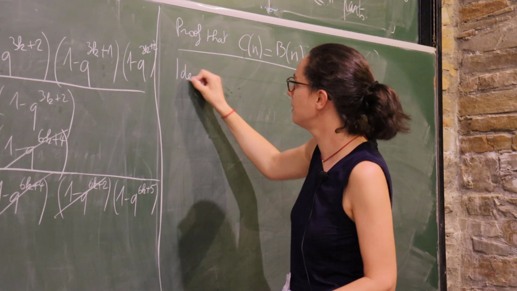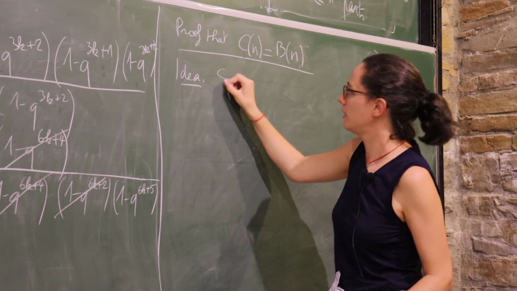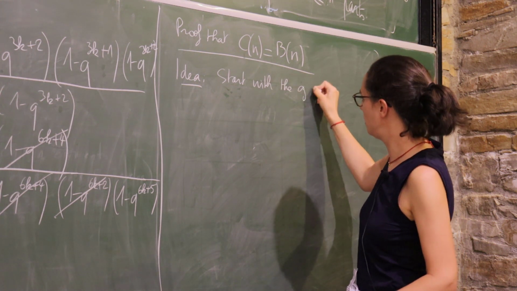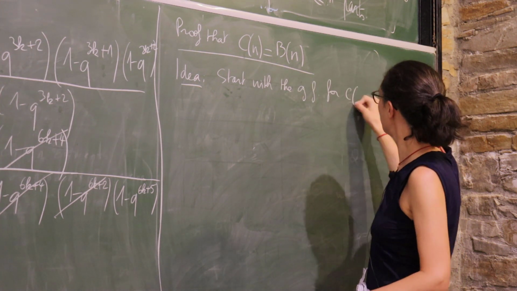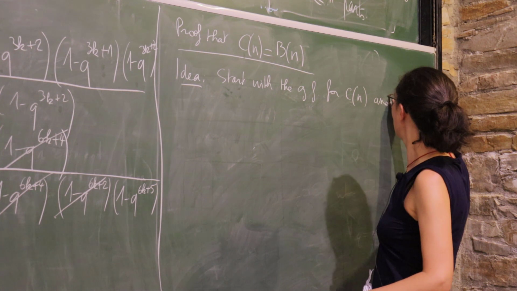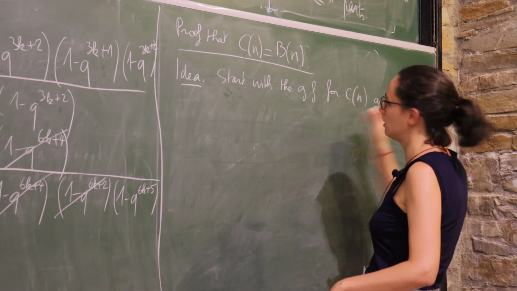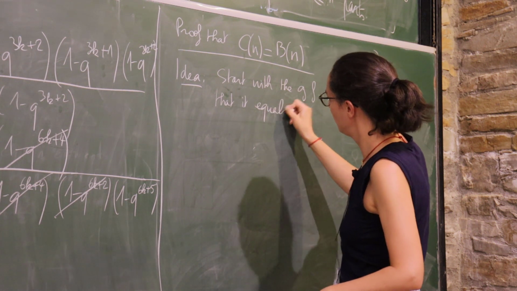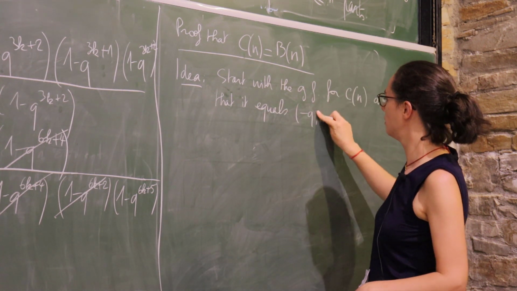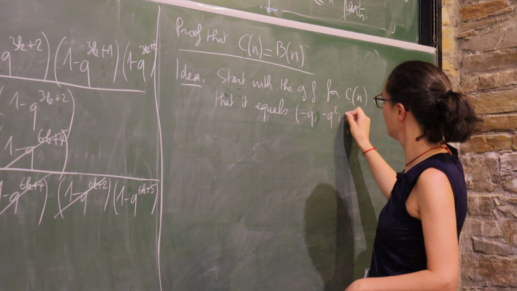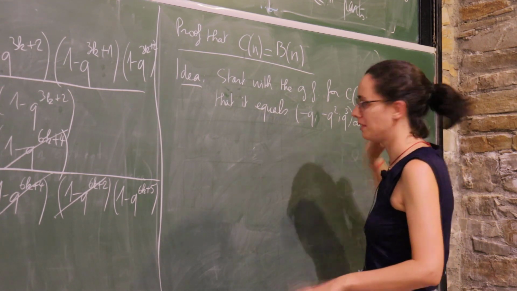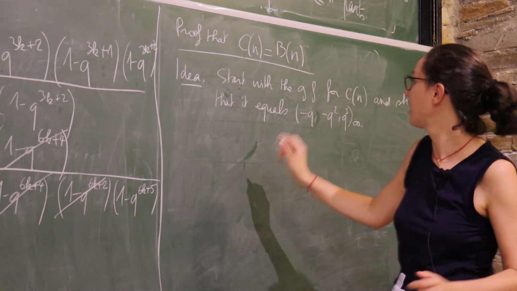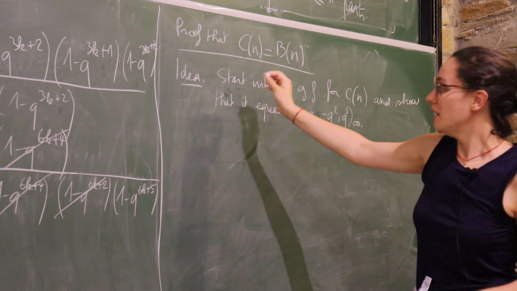Okay, so the idea: start with the generating function for C of n and show that it equals (-q^2;q^3)_∞ (-q;q^3)_∞. I promised a combinatorial proof, so you will have it right now.